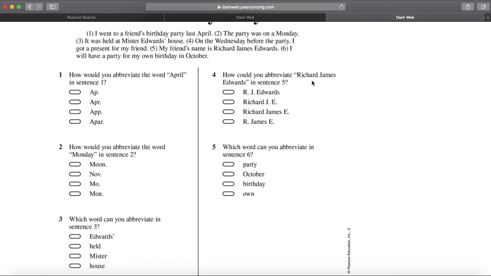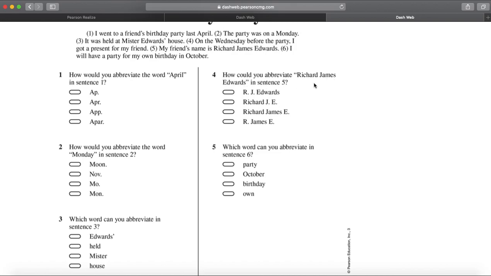Question number 4. How could you abbreviate Richard James Edwards in sentence number 5? Look here, Richard James Edwards. Now I can abbreviate, because it's not only a first name. No, it's the first name, father's name, and family name. So how do I abbreviate it? As I said, I abbreviate the first name and the second name, and I never abbreviate the third.